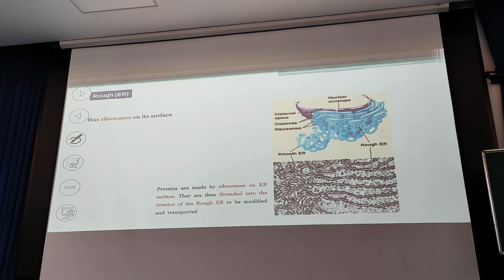And because the ribosome is the site of protein synthesis, the function of the rough ER is to make the membrane proteins and the proteins for export out of the cells. So the rough ER also has the function of making proteins.